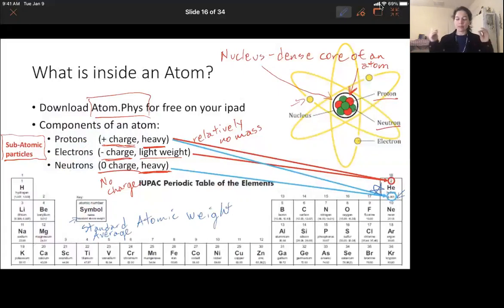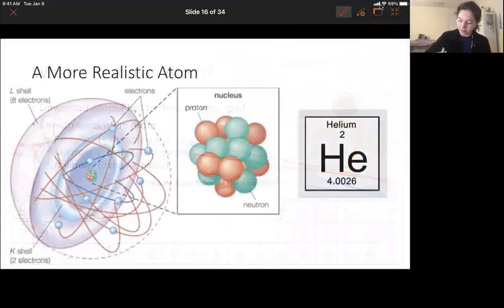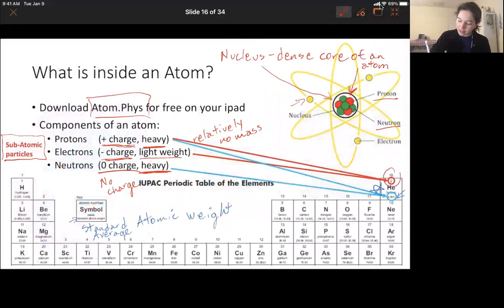Okay, so the mass consists of your neutrons and your protons, because electrons don't have mass. And then this number up here on the top, this one indicates the identity of our atom, and that's indicated by the protons. So this is our number of protons.